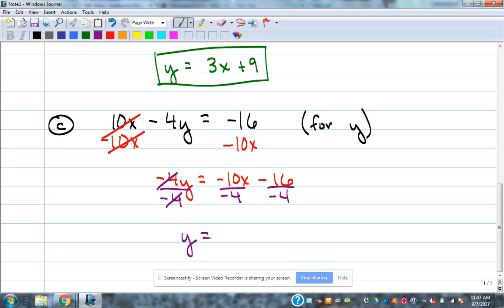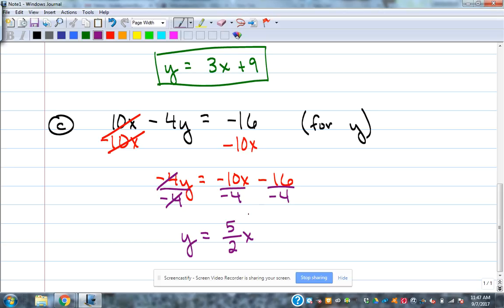Does 4 go into 10 evenly? No. So we're going to reduce that improper fraction. 10 and 4 both divisible by 2. 2 goes into 10 5 times, into 4 2 times. So that's 5 over 2 x. Does 4 go into 16 evenly? Yeah. How many times? 4.